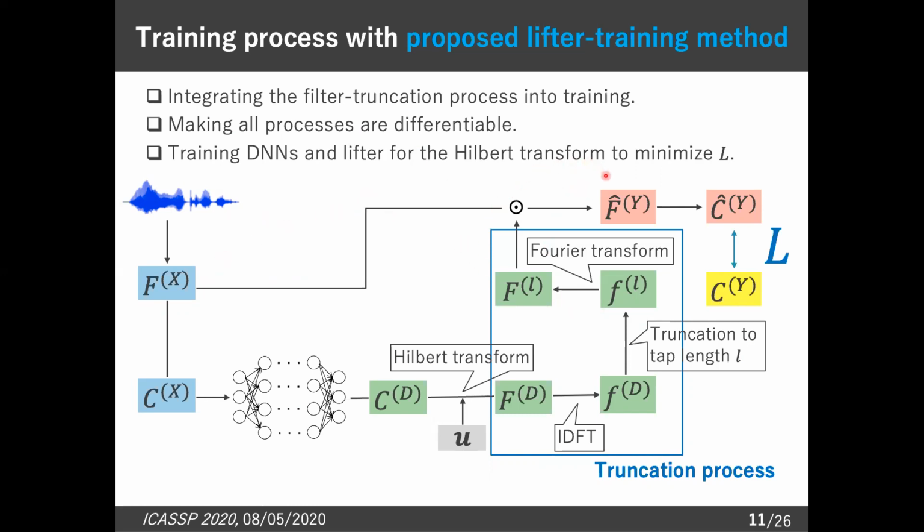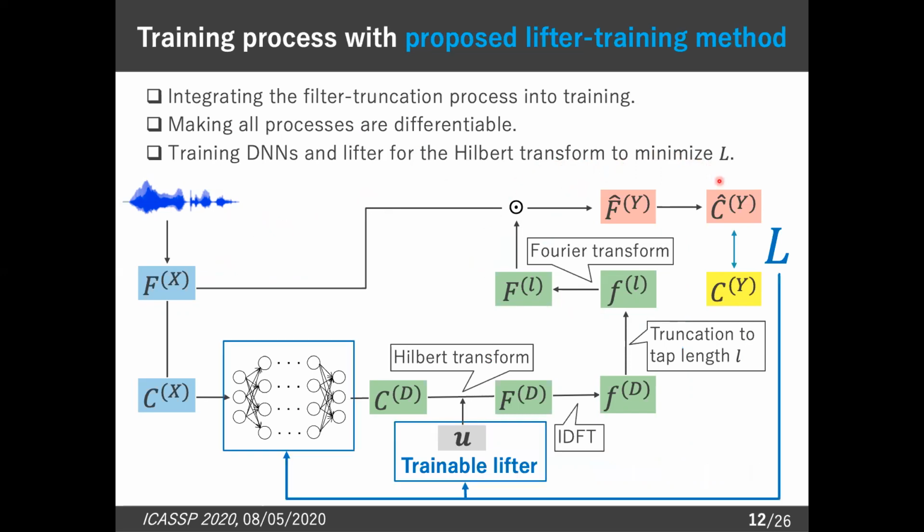And the real cepstrum of the converted speech, C hat Y, is extracted from F hat Y. Then the DNN and the lifter are jointly trained to minimize the loss function capital L, which is defined as the mean squared error of C hat Y and CY.